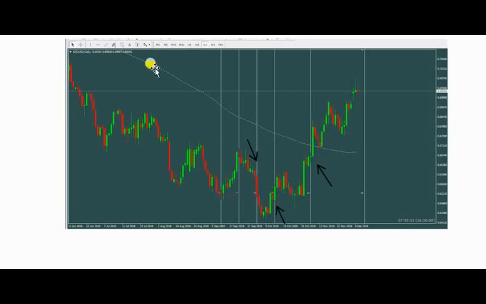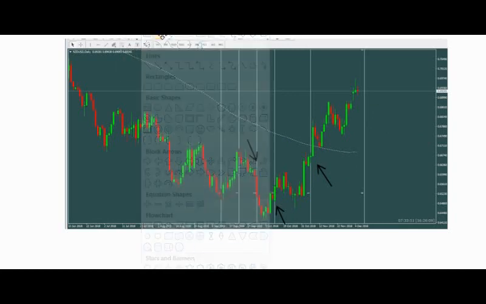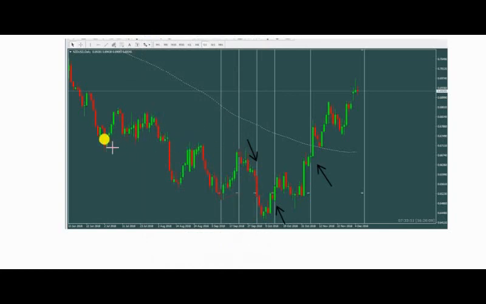So this zone would be very, very interesting to trade because you also have this area here, this area here, this area here. So this is support and resistance. It's a cycle. It keeps on recurring.